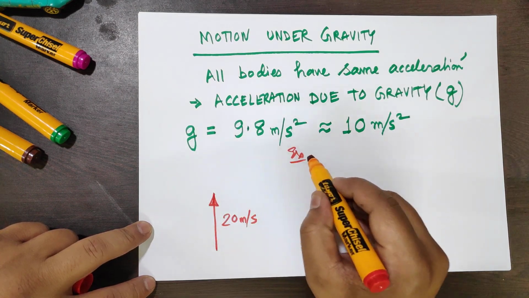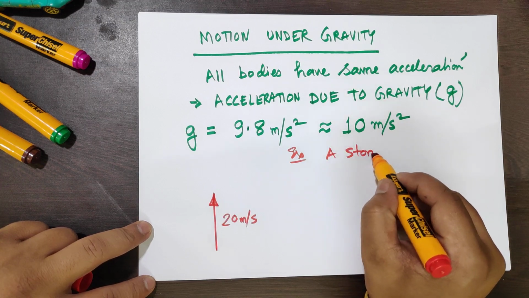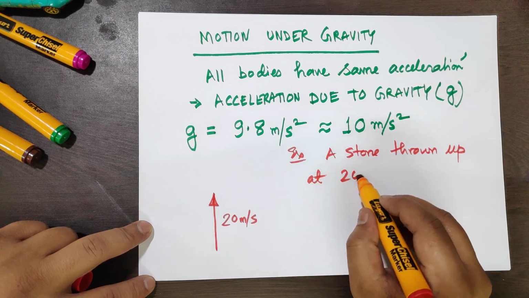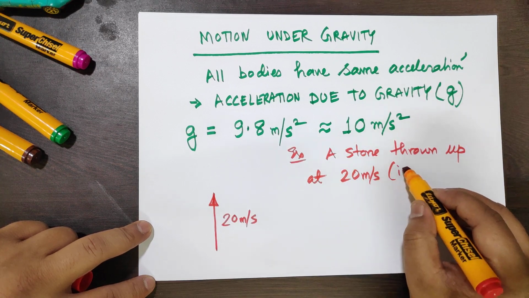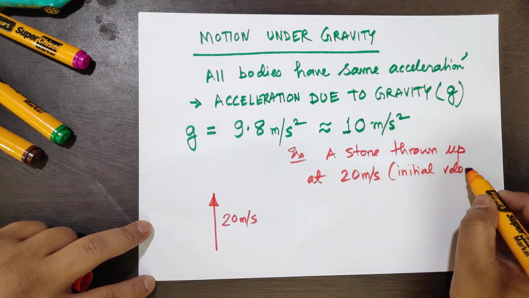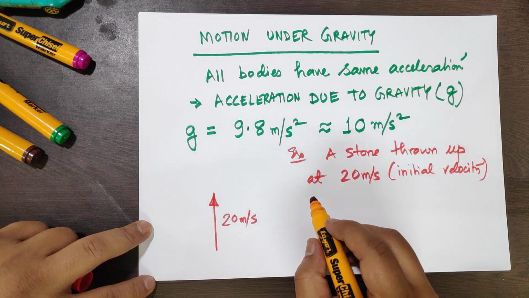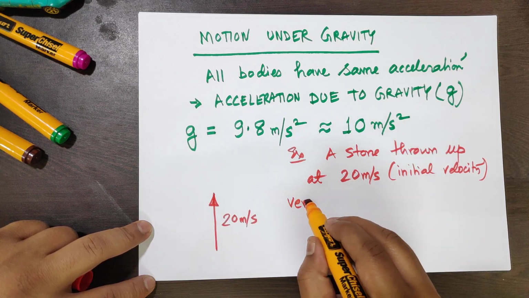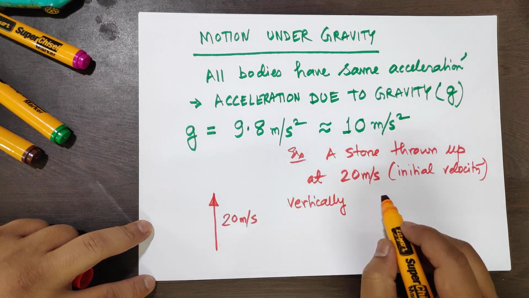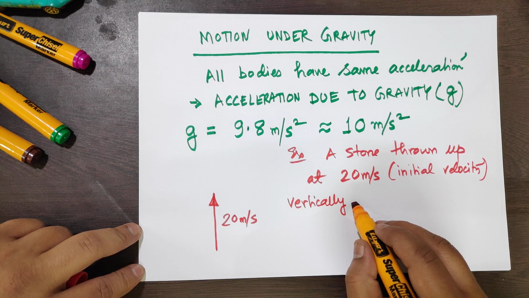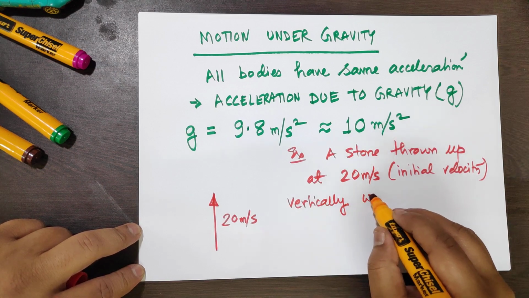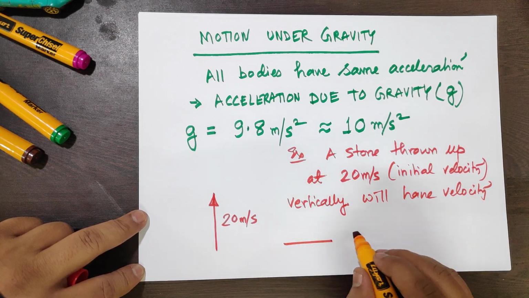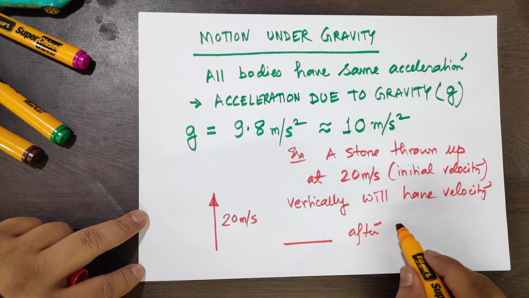So for example, a stone thrown up vertically at 20 meter per second, this is the initial velocity, will have velocity how much after 2 seconds?